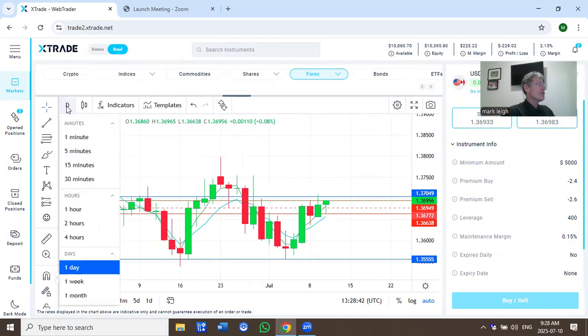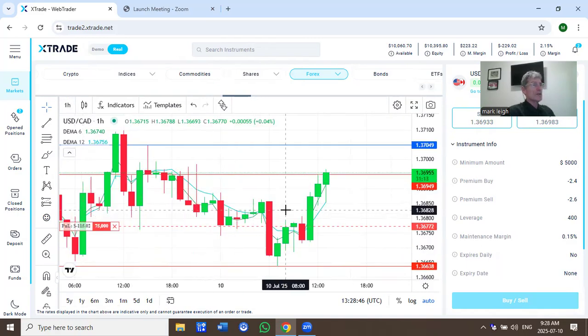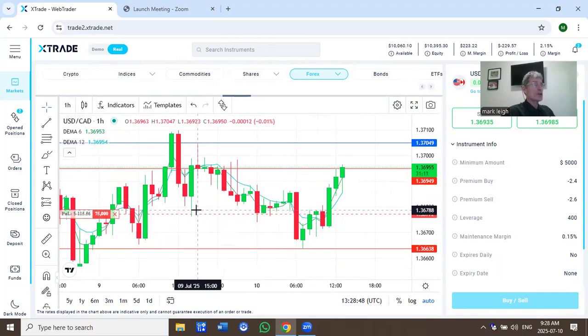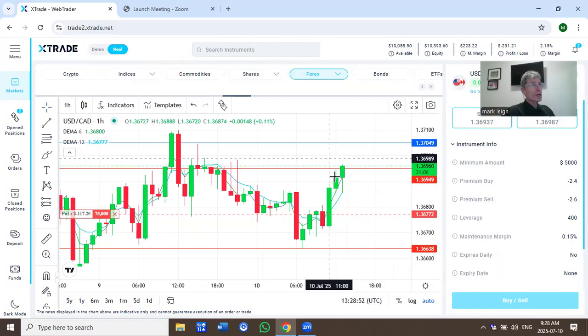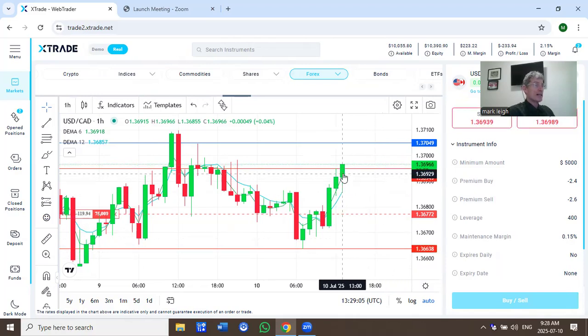If there is a turnaround and US dollar starts getting sold off, or we see a return to dollar weakness, would be off this area around the 1.37, and sellers of US, buyers of Canadian would be looking down here at the 1.3663 support area.